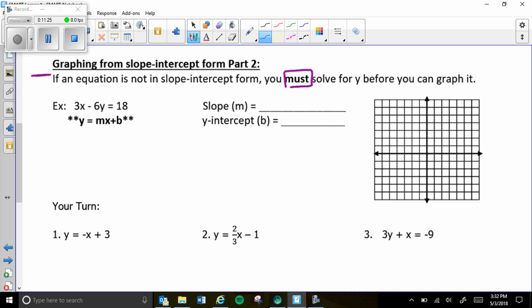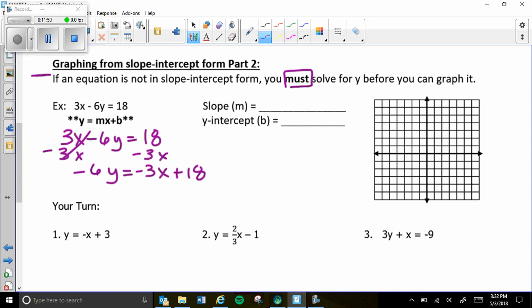So in order to do that, I'm just going to rewrite the problem so that we can solve for y. I need to move this 3x. So right now it's positive, so in order to move it, I'm going to subtract it, which leaves me with negative 6y equals. Now you want to get in the habit of putting that x term first. Y equals mx, and then your plus b. So negative 3x plus 18.